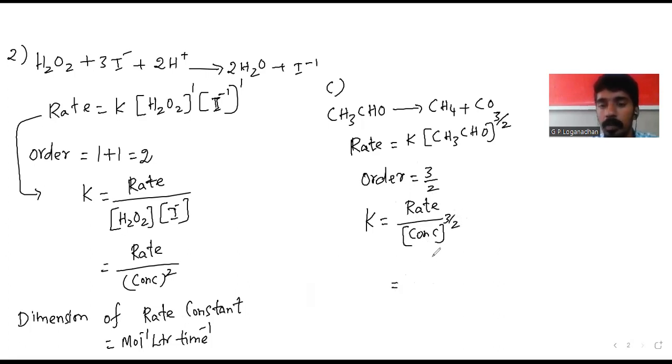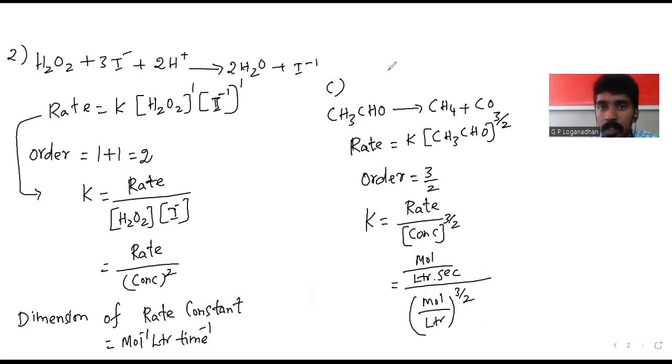We know the rate of the reaction is mole per liter per second, divided by concentration power 3 by 2. Concentration is mole by liter, power 3 by 2.